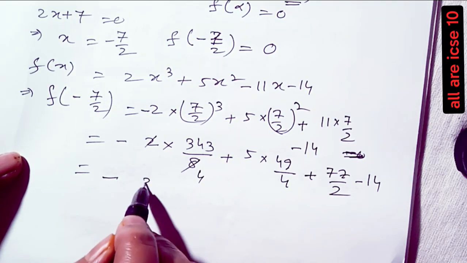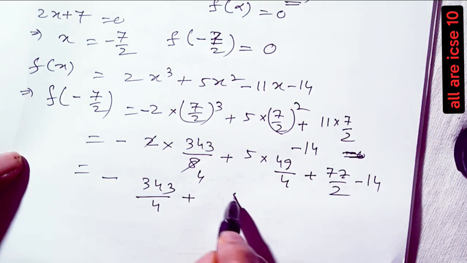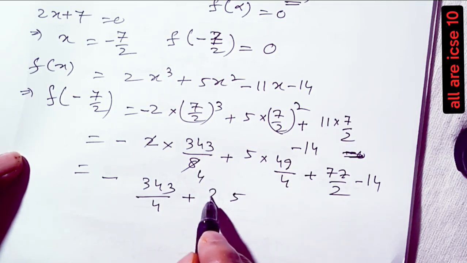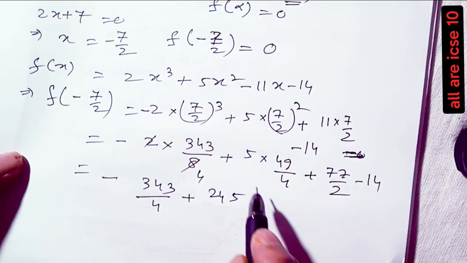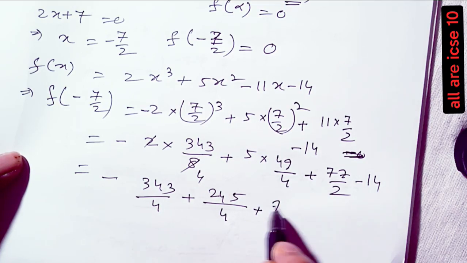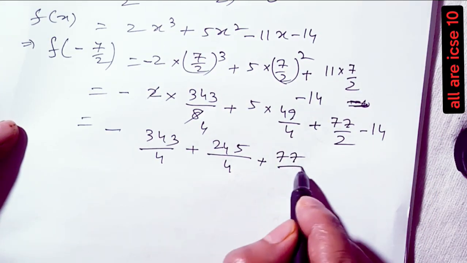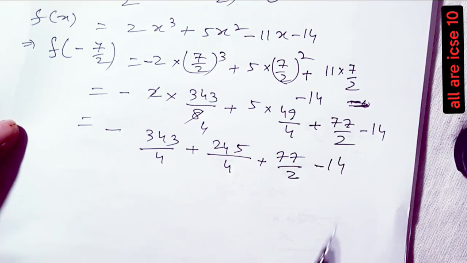So minus 343 by 4 plus 245 by 4 plus 77 by 2 minus 14.